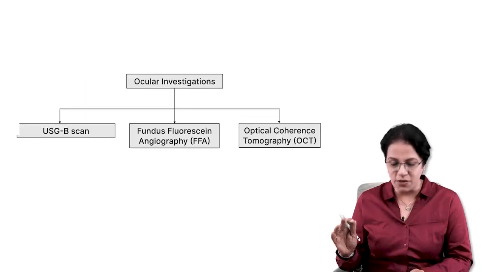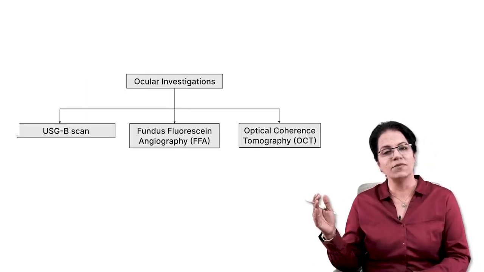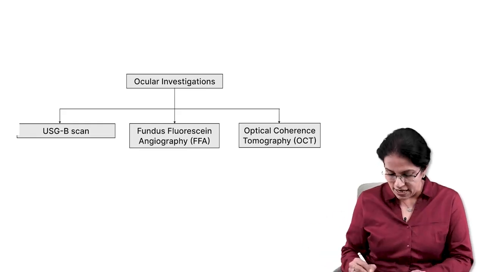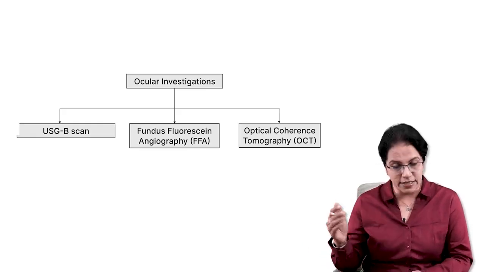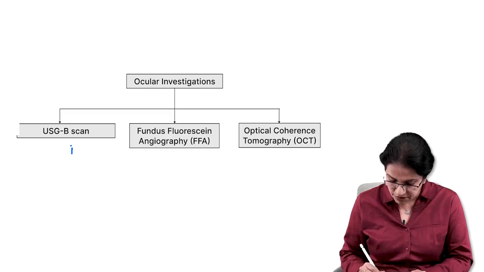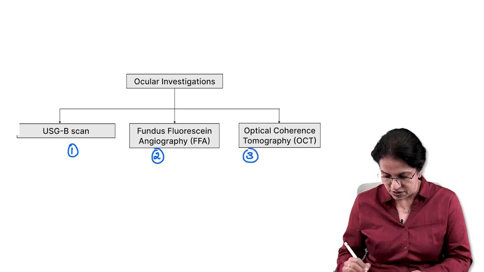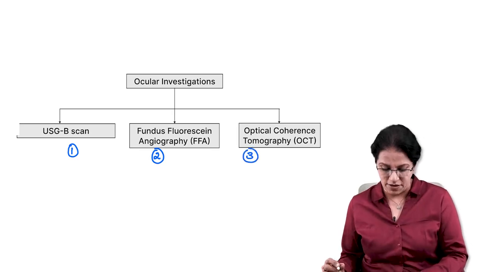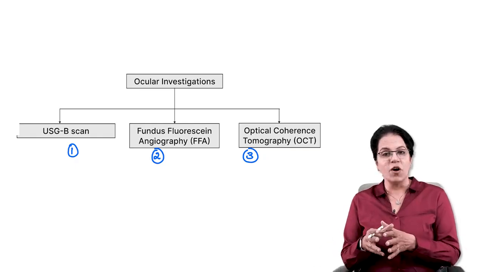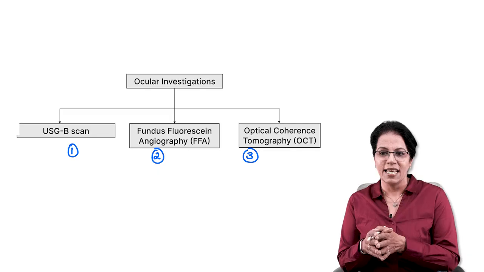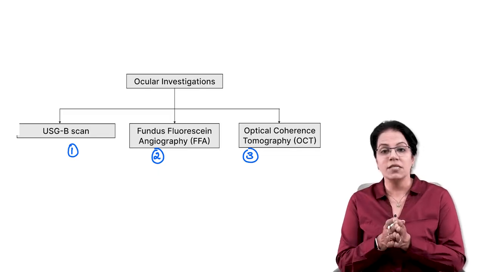When you talk about ocular, ultrasound B scan, fundus fluorescein angiography, that is FFA, and third one, optical coherence tomography. So everything related to the posterior segment, we can go for this to understand what can be the cause or associated features. But again, ocular investigation is of use in anterior uveitis.